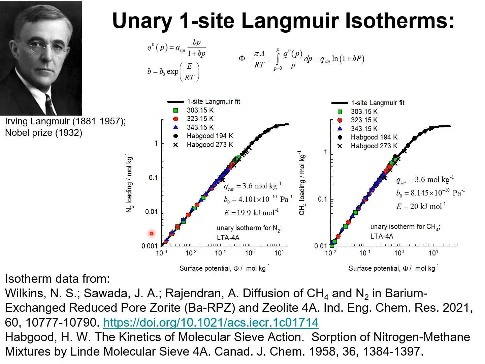I show here the data on the unary isotherms for nitrogen and methane as published by Wilkins and Hapgood for a variety of temperatures ranging from 194 Kelvin to 343 Kelvin.